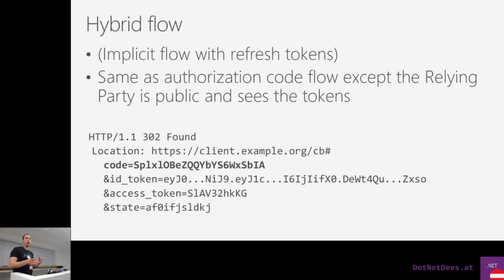So you could have a thing in the browser that just gets ID token and access token, and you would send the code to your backend, which could then exchange it for a refresh token and stay connected for a longer time. So this is where you would choose hybrid.